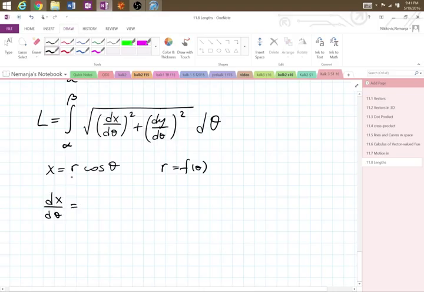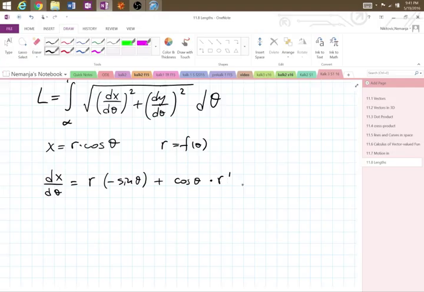we have to use the product rule. So copy the first one, which is r, and then times the derivative of the second, which is negative sine theta, and then plus cosine theta times r prime. So that means that this is negative f of theta sine theta plus f prime of theta.